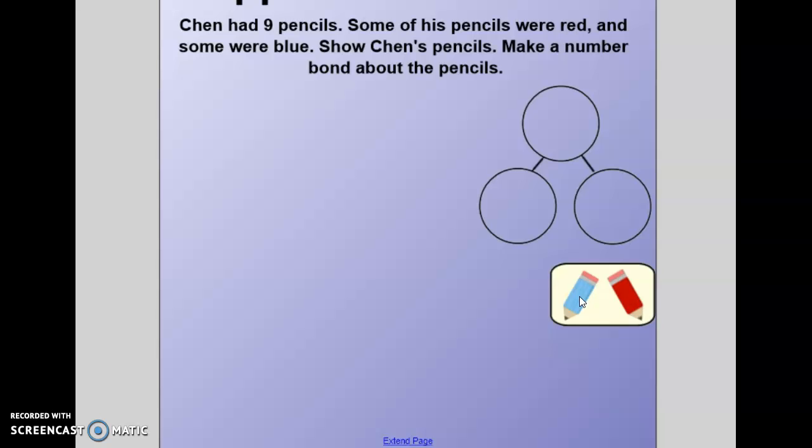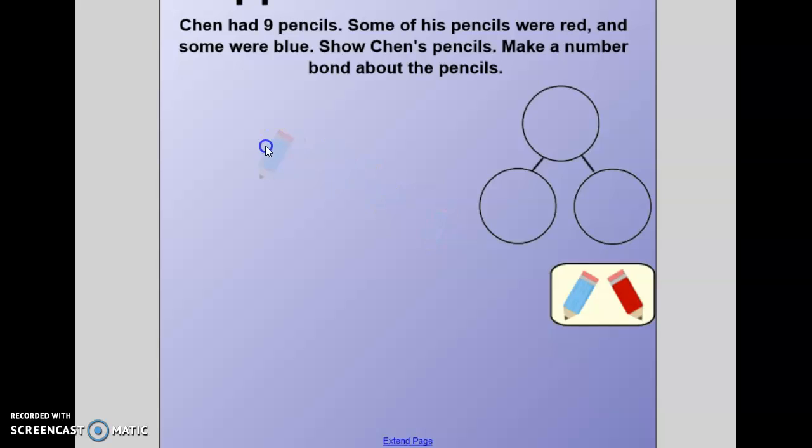So the way I do it on the screen may not be the way you would do it. But for the purpose of the lesson, I'm going to just divide them up. And if you want to, after we're done, you can think of a different way how you would divide the pencils, okay? And write a number bond and number sentence to match that.